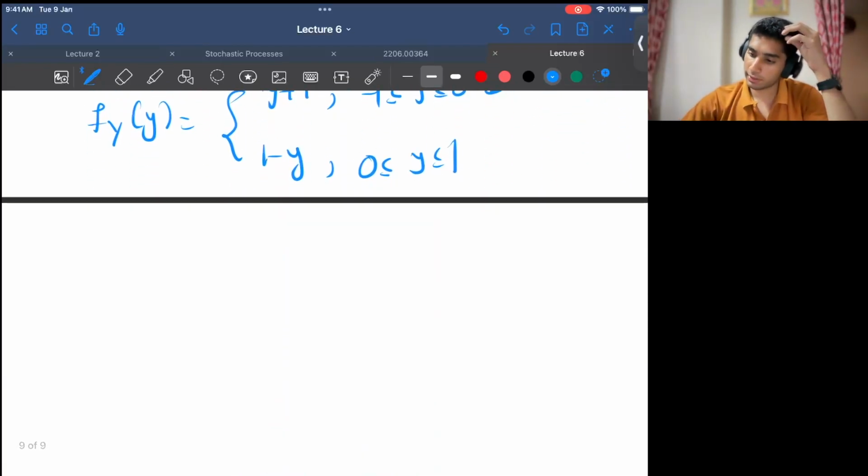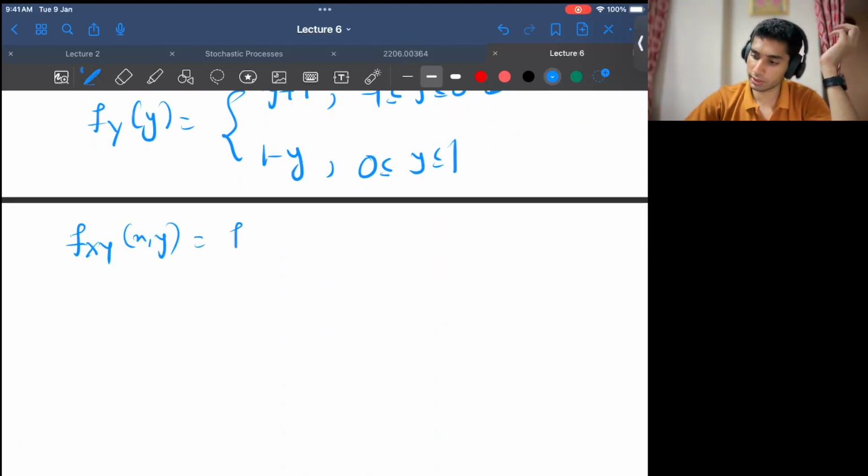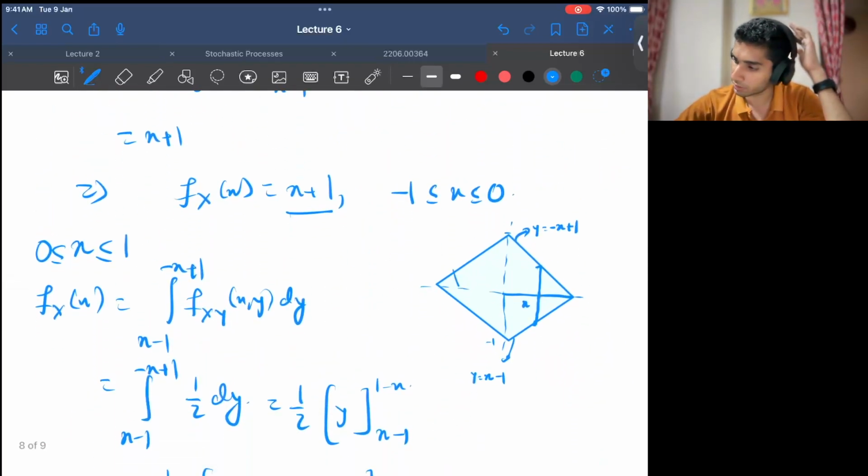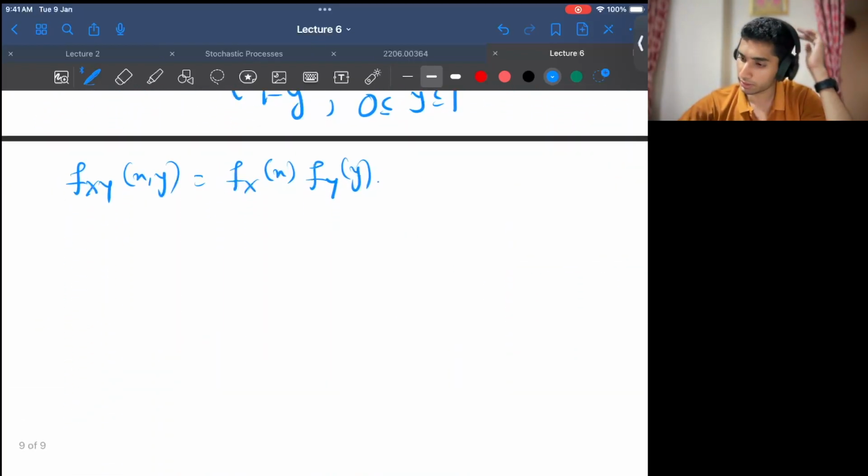Now what you have to check is if fxy, the joint distribution, is a product of the marginals or not. So let's look at one quadrant, right? Let's look at this quadrant. So in that quadrant, fxy is always equal to half, right?